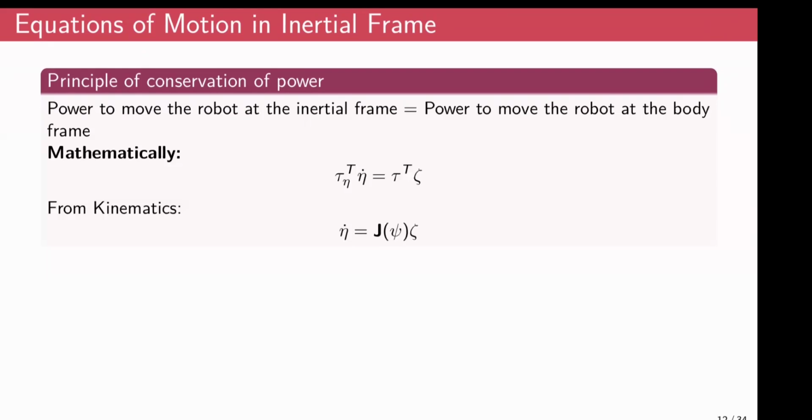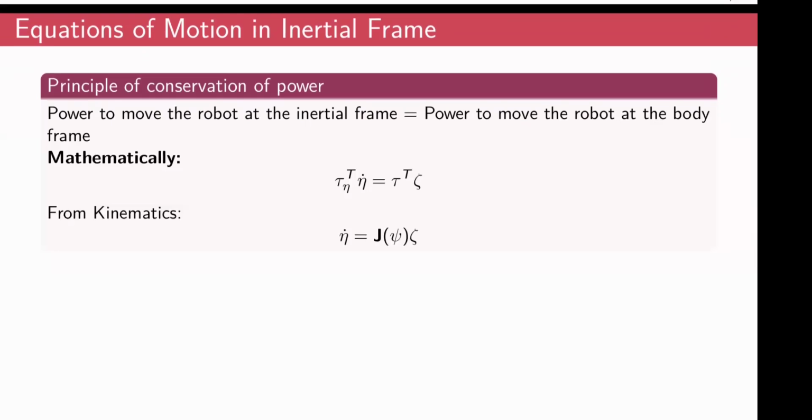Power is always the same, irrespective of the frame in which it is mentioned. Power is nothing but the force or the wrench multiplied by the velocities. So this is the power in the inertial frame of reference, and this is the power in the body fixed frame of reference.